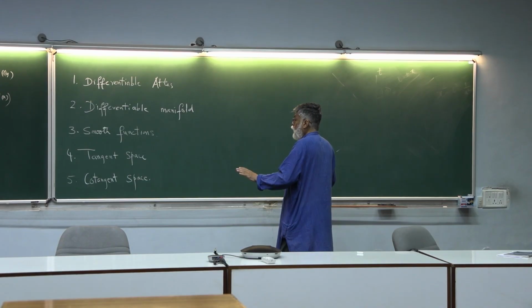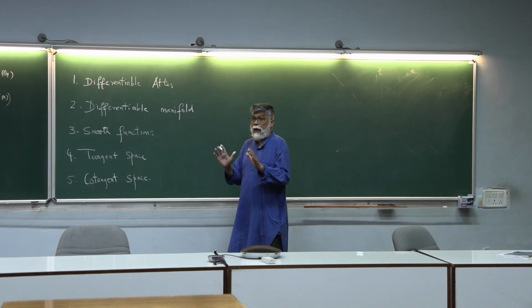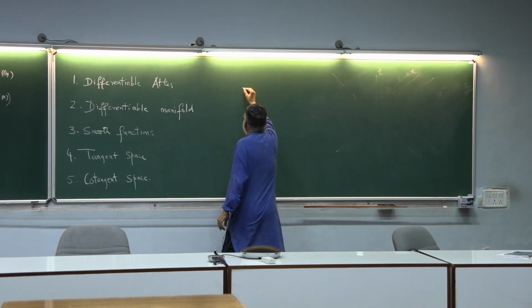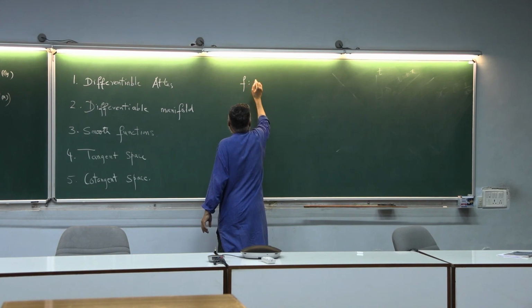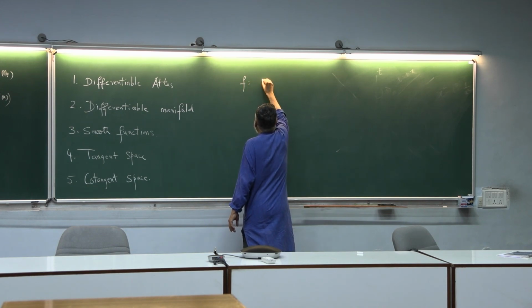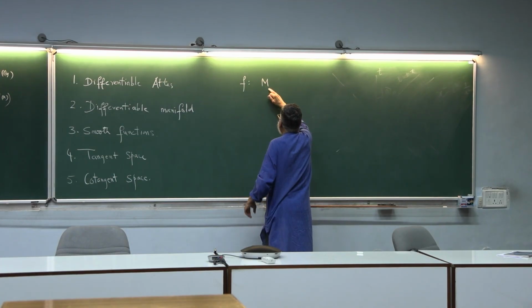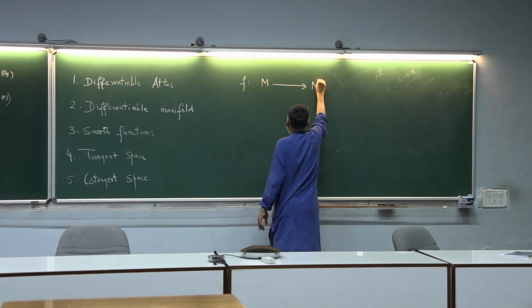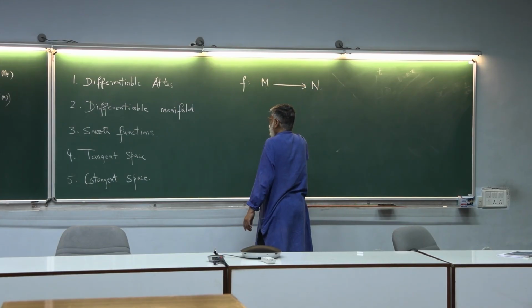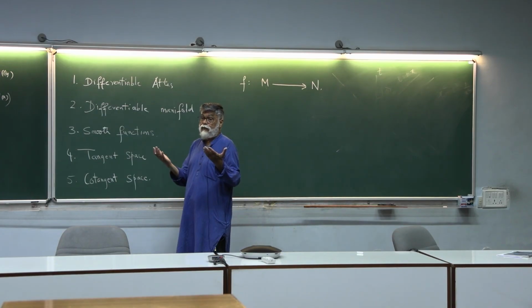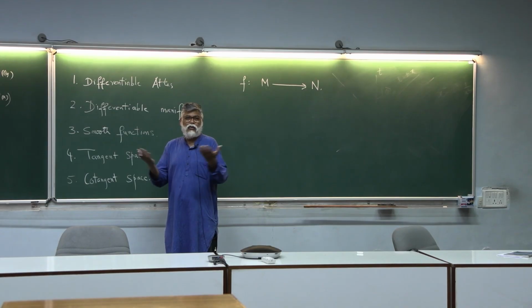Now let's talk about a smooth function from one differentiable manifold to another differentiable manifold. So consider a function f which is mapping from differentiable manifold M to another differentiable manifold N, a continuous function, and we are asking the question, when will we call this function a smooth function?